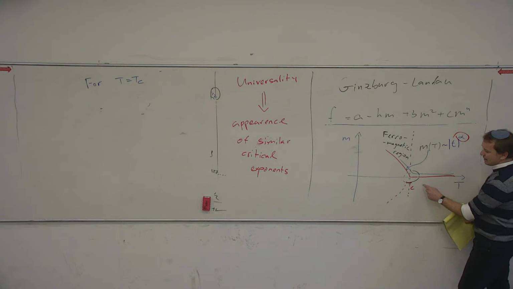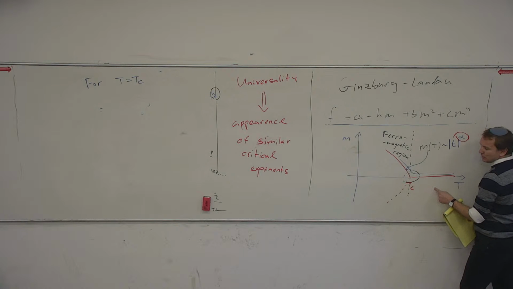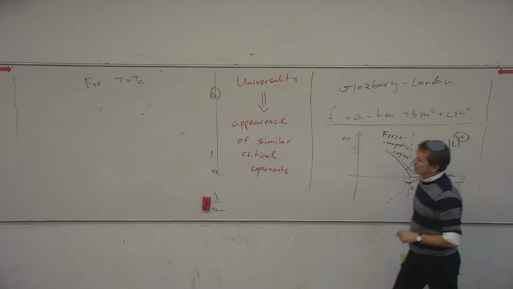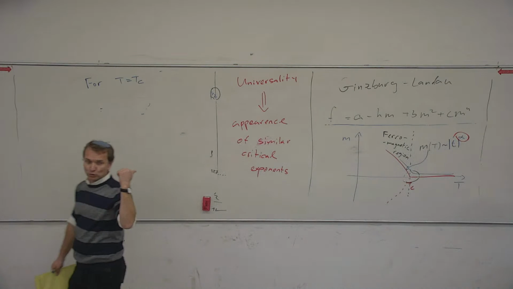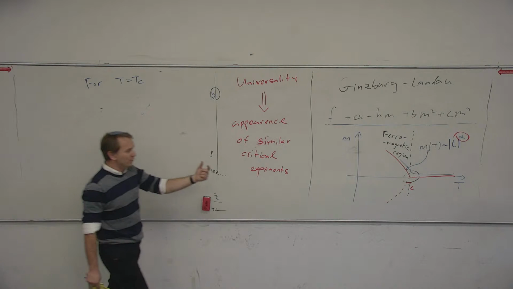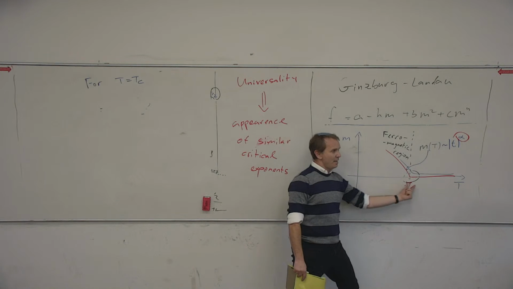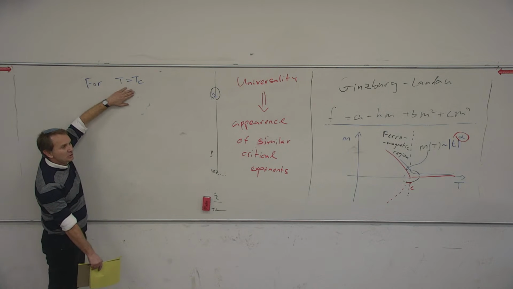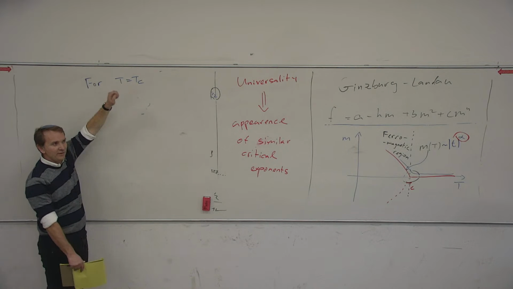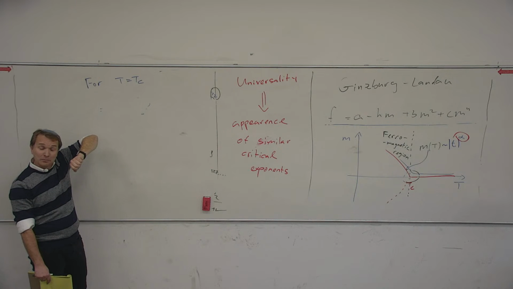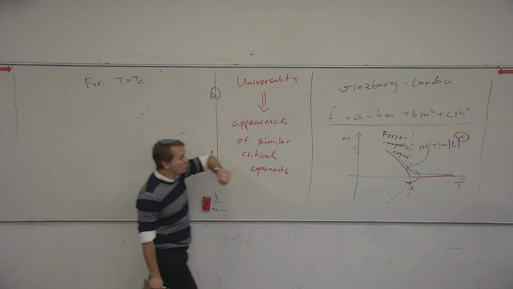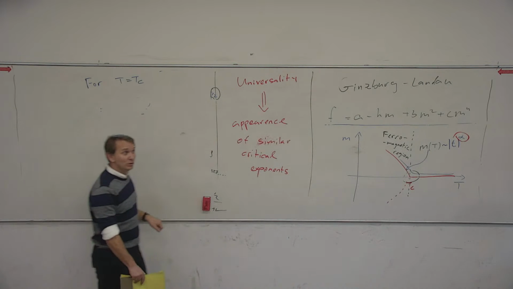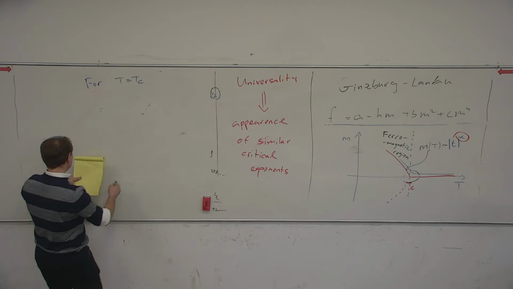The experimentalist can modify the temperature of the system, and can modify the external field, H. Beforehand, I set H to 0 and looked at what happens when I modify my temperature. Now let's set the temperature to the critical temperature, and see if I modify my external field a little bit, how the magnetic moment is going to change, how my order parameter is going to be modified.